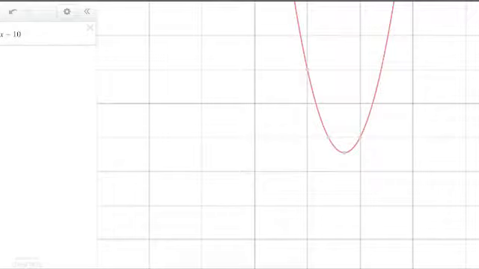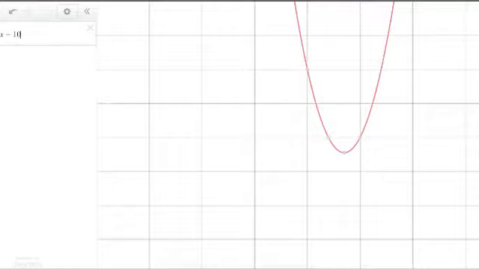Let's think about this. When x is 5, if we plug that back in, we get a 0. And if x is 2, and we plug it back into the original quadratic, we get a 0. What would those zeros represent?